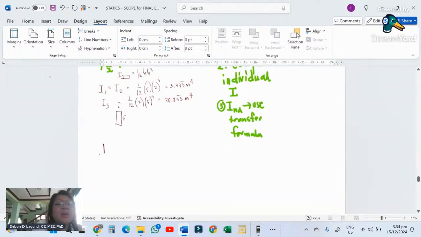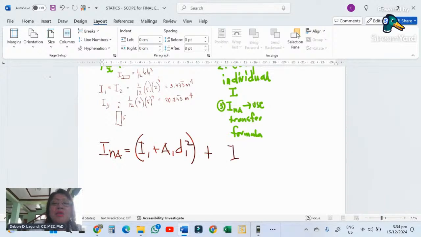Okay. So moment of inertia about the neutral axis is equal to, for the first one, I1 plus A1 D1 squared. Plus you have I2 plus A2 D2 squared, plus, because there are 3 shapes altogether, I3 plus A3 D3 squared.